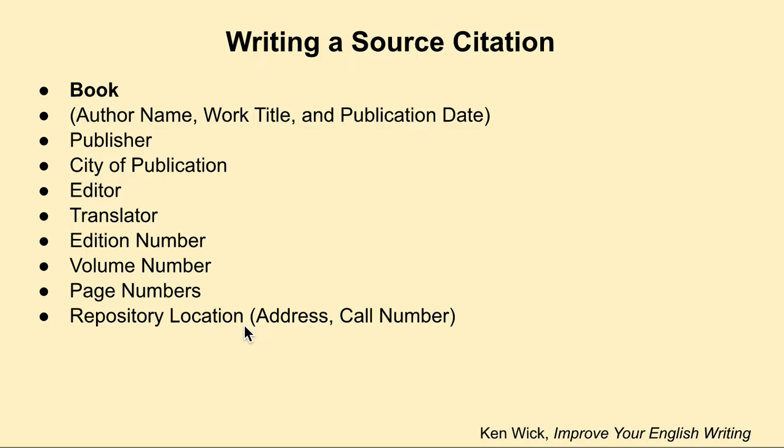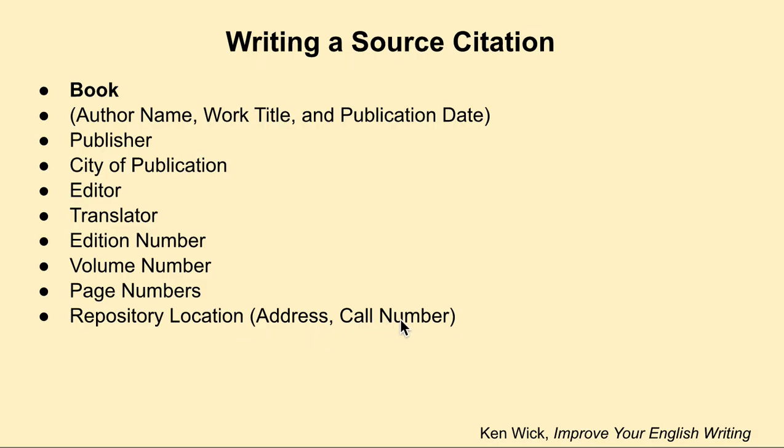Well, I guess we're talking about books. This could be a rare book that's in a certain library. So you want to put what library it's in. Maybe it's in the Chicago Library or the New York Public Library. And then maybe you want to put the call number if it has a call number. That way what you're trying to do is make it easy for someone to come through and repeat your research. So if it's in a certain call number in a library, record the call number.